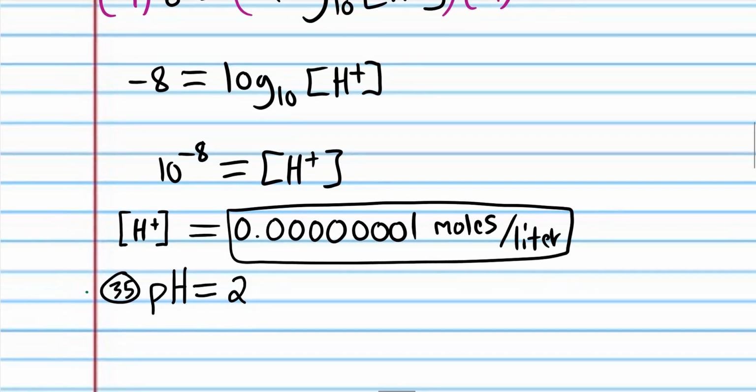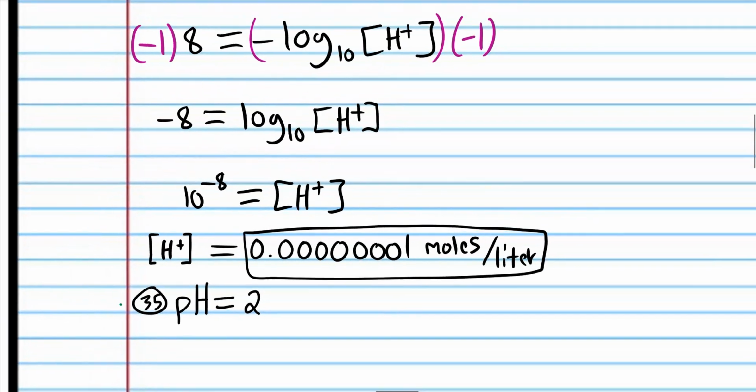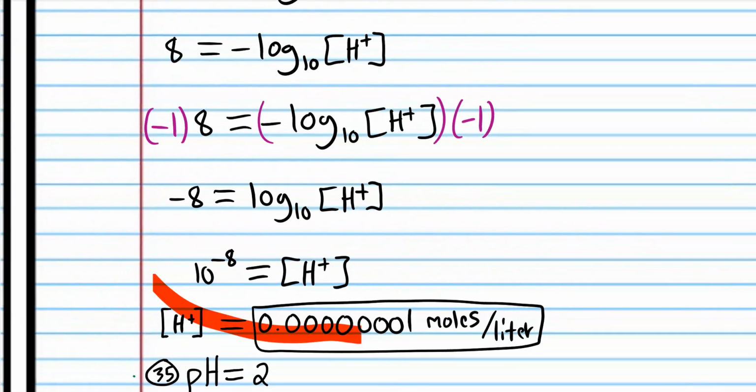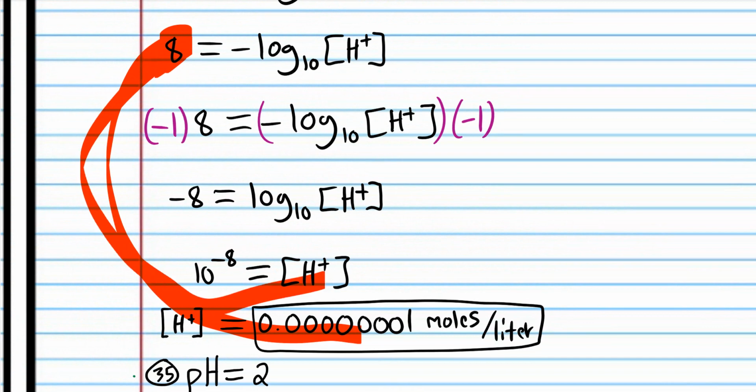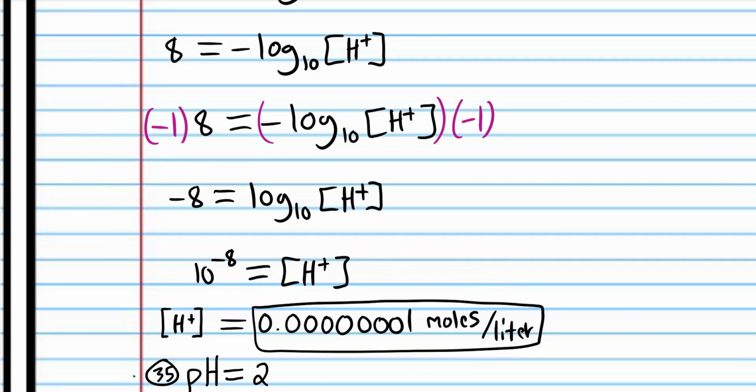So that is the hydrogen ion concentration, and you can see why we don't want to use these numbers to measure how acidic a solution is. It's much easier to write 8 rather than this number here.